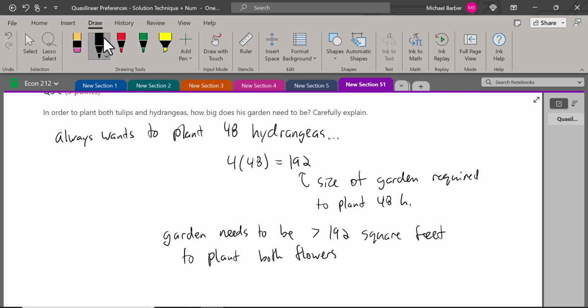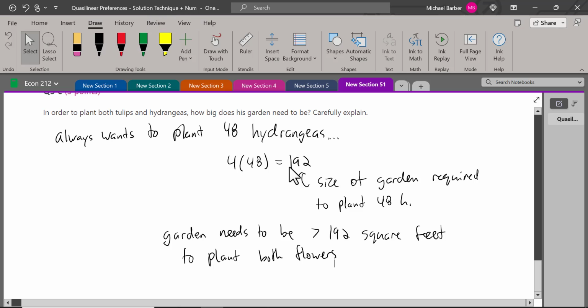Because as his garden gets bigger and bigger, he's only going to plant hydrangeas until he plants 48 hydrangeas. Then he's going to start to use the rest of his garden on tulips. If his garden is smaller than or equal to 192 square feet, he's only going to plant hydrangeas because he wants, no matter what, 48 of them before he even thinks about planting tulips.